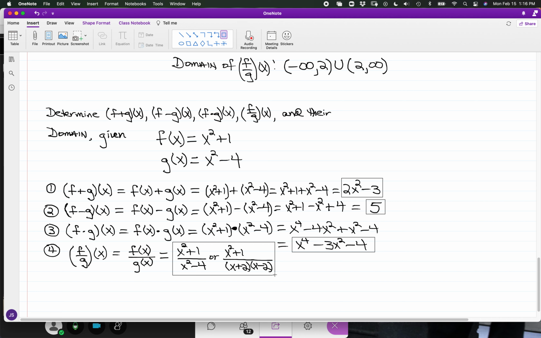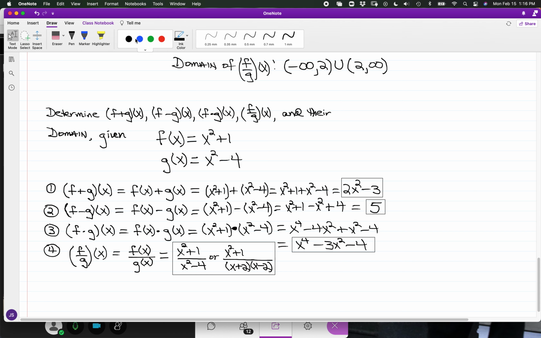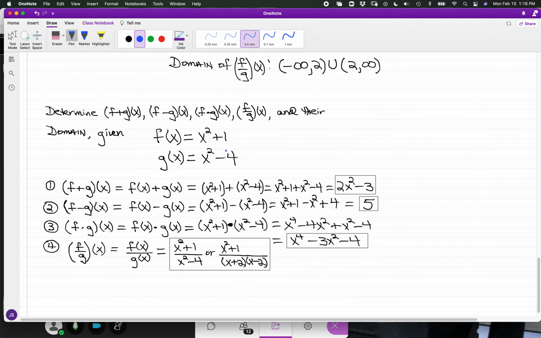All right, and now for the domains of f of x and g of x. These expressions are given in direct fashion, so we don't have a fraction or an even root radical. So for f of x and g of x, again, we have no restriction, and the domain is the set of all real numbers.